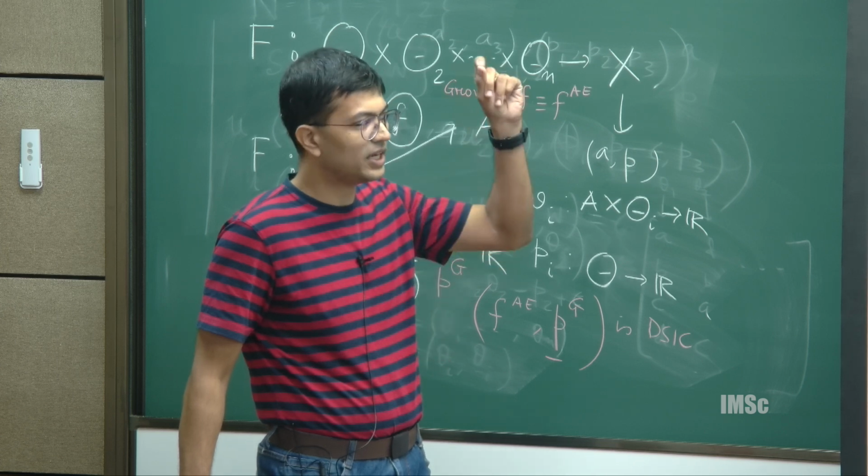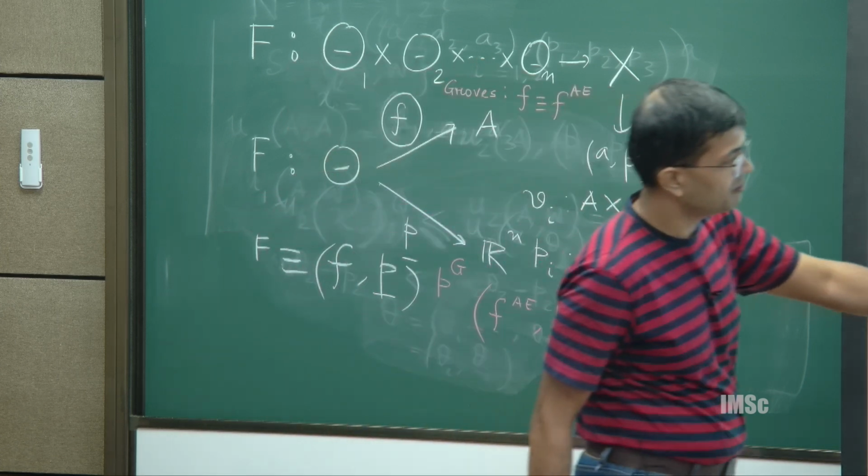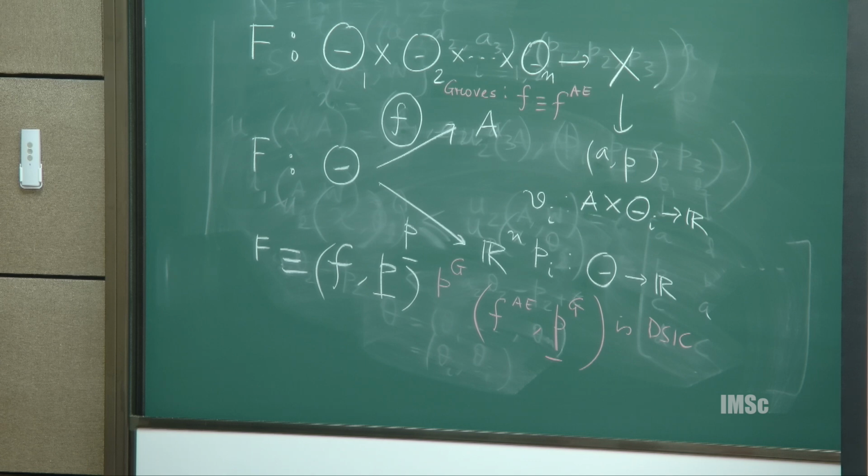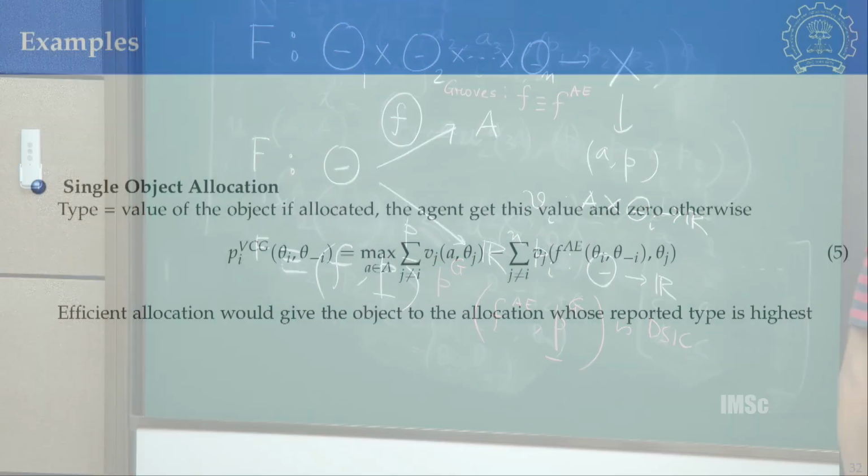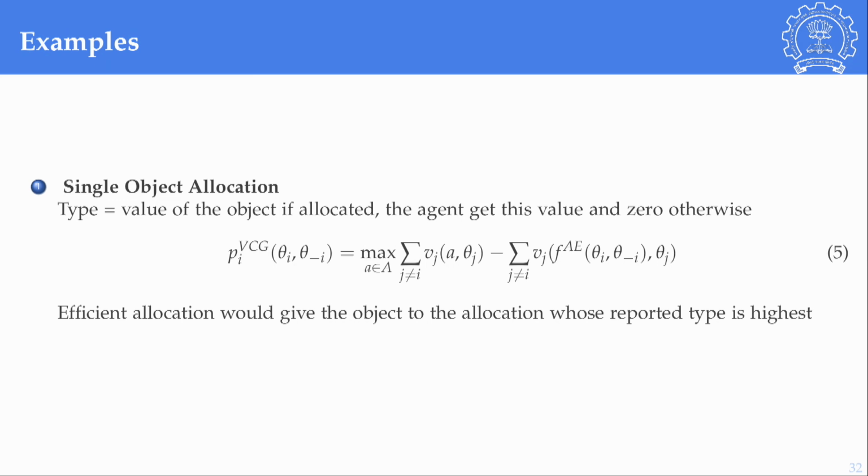The agent who has the highest value, I am just removing that agent in my summation, yet I am looking at the same allocation. So, the second term will be 0. What will be the first term? The second highest bid, right. So, now what is this mechanism? VCG is the second price auction.